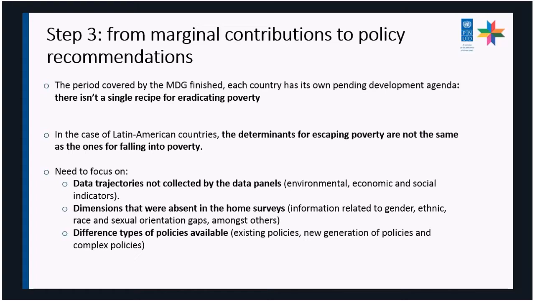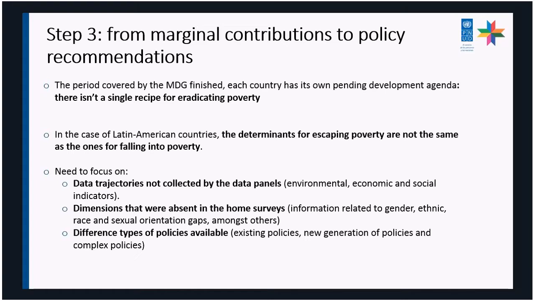And the data that we are using, as you can notice, doesn't capture these three dimensions in an integrated way. That's why, for our policy recommendations, it's important to analyze environmental indicators, economic trajectories, and social indicators of each country.